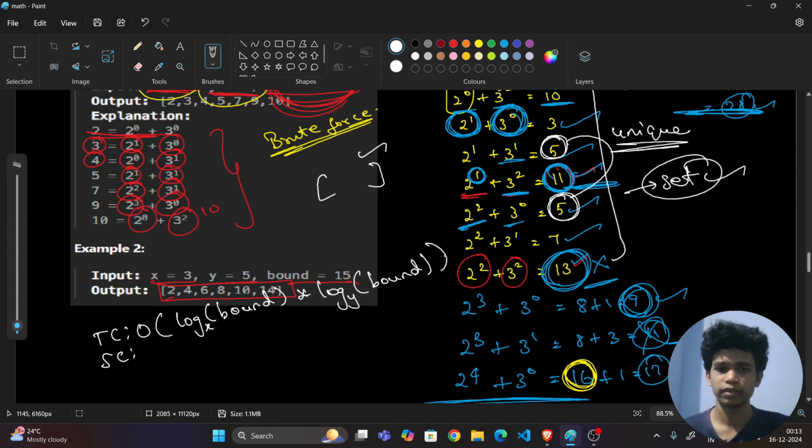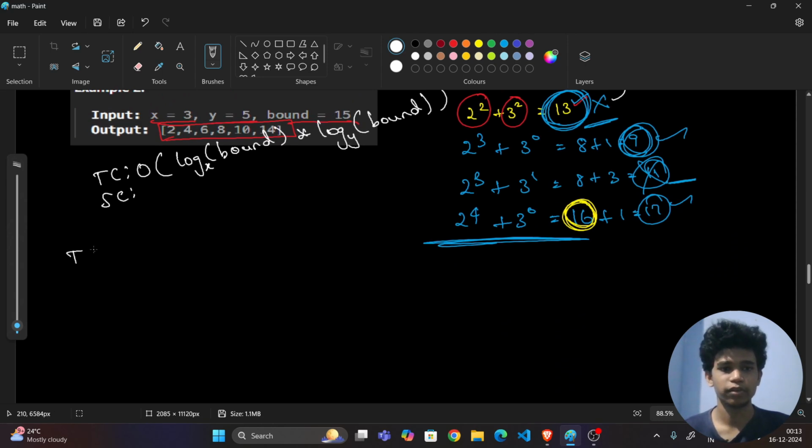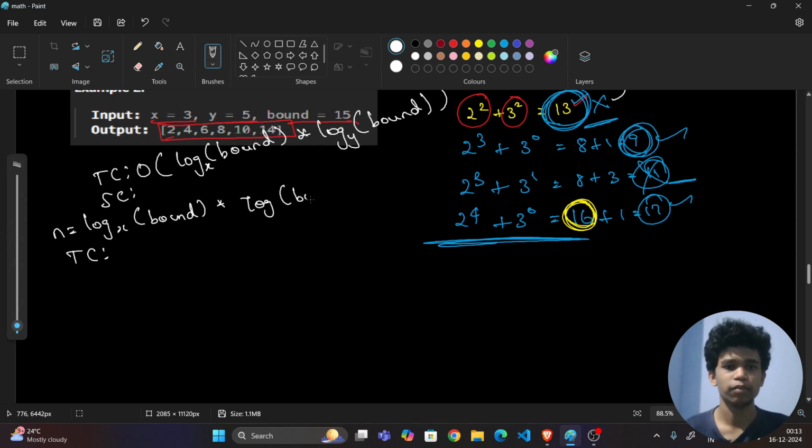Yes, that's it. We want to take this in a log also. So my final time complexity: if I take for example n equal to log base x of bound times log base y of bound, then I will get O of n log n.